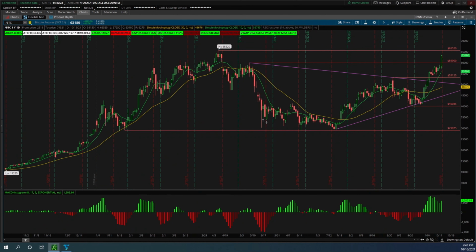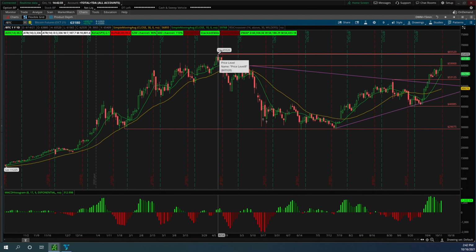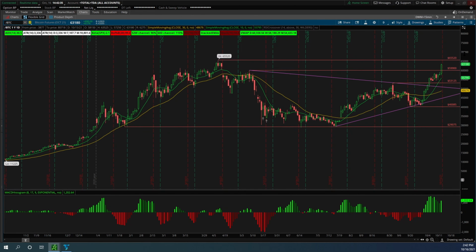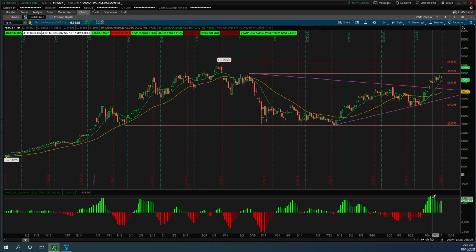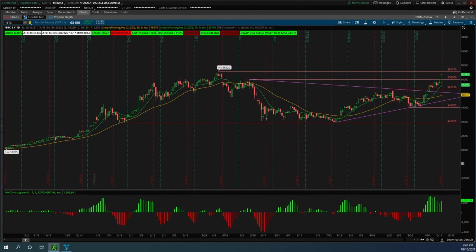So let's go to the daily. In the daily, we see that Friday was a good move, broke this resistance right here, and then it's going to try to break this resistance at 65,520. So everything looks good, and if we paint now, let me do this real quick.